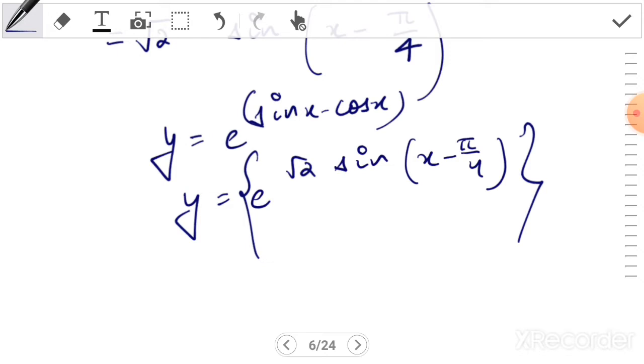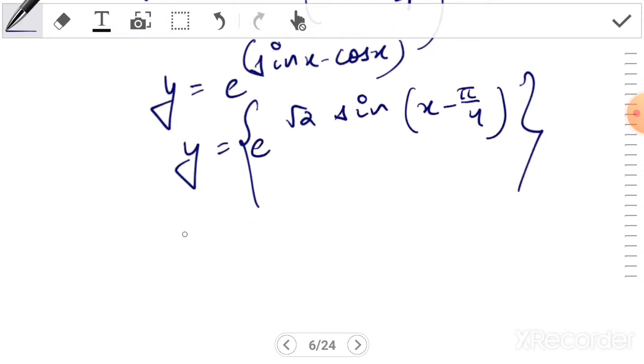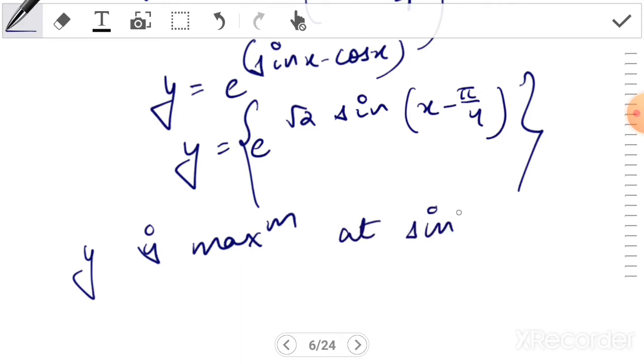Since the sine function is bounded between plus 1 and minus 1, y is maximum at sin x minus pi by 4 equal to plus 1.